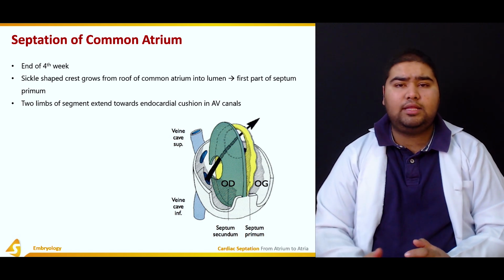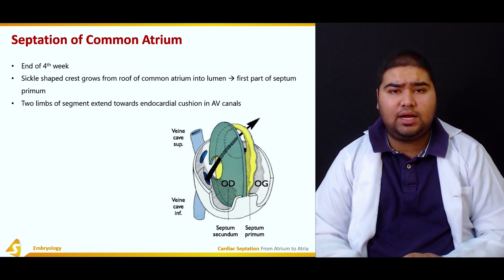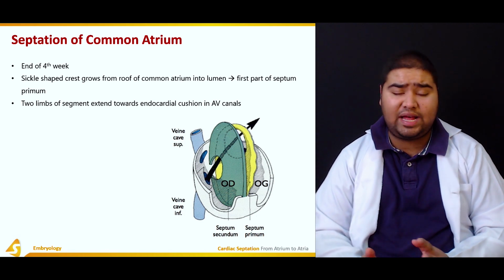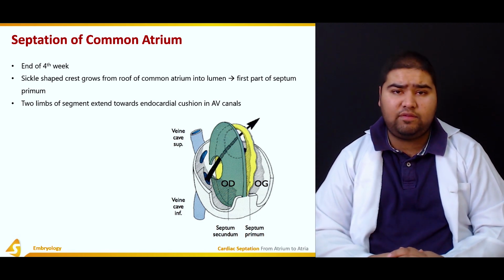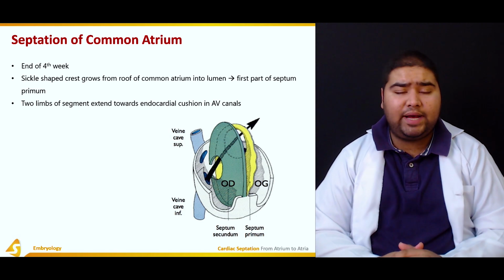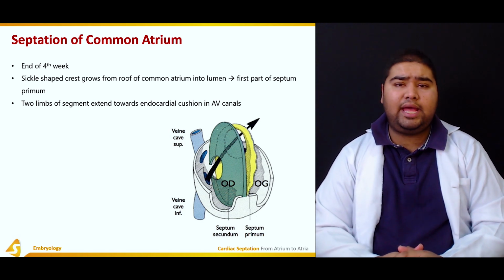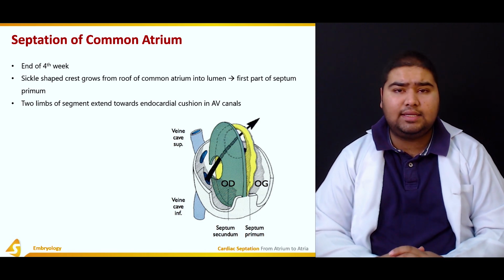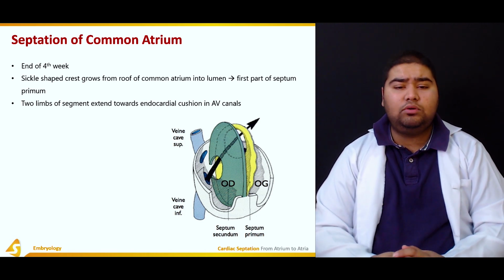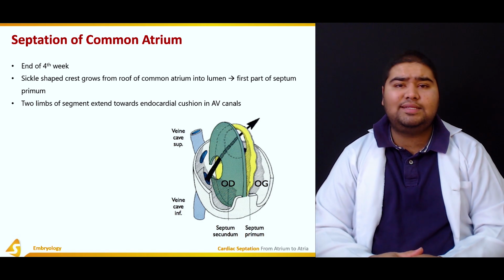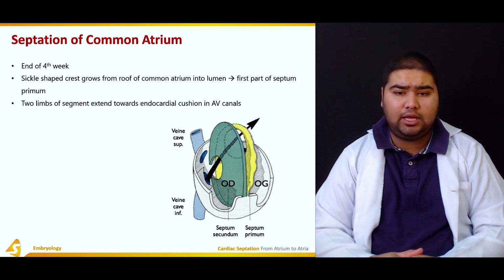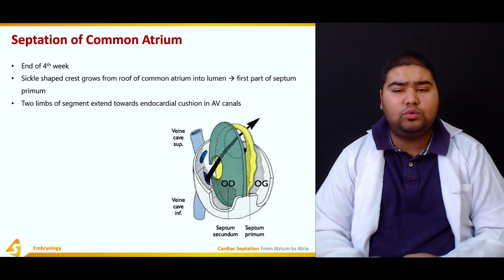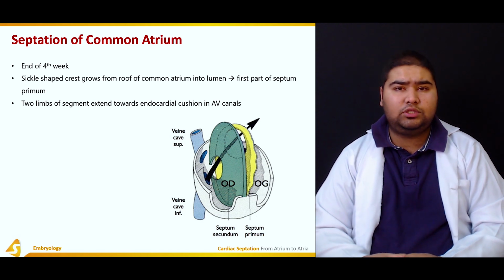We saw in the previous section that endocardial cushions were extracellular matrix proliferations covered by endocardial cells, and they helped in the formation of AV canals.